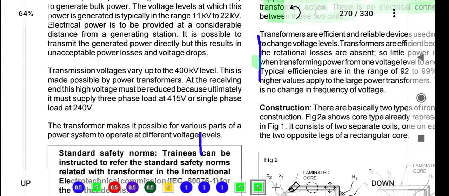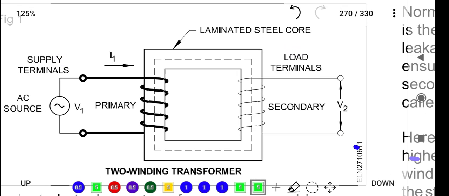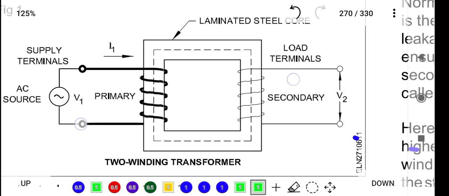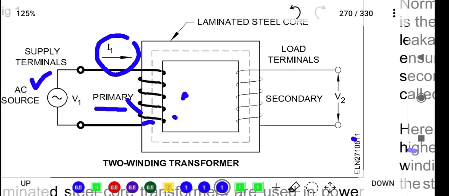Whatever I have noted here, I will explain with the help of this figure. See here, this is the primary winding, this is our input source. When the current enters the primary winding, it sets up a magnetic field like this. See, this is the magnetic field.